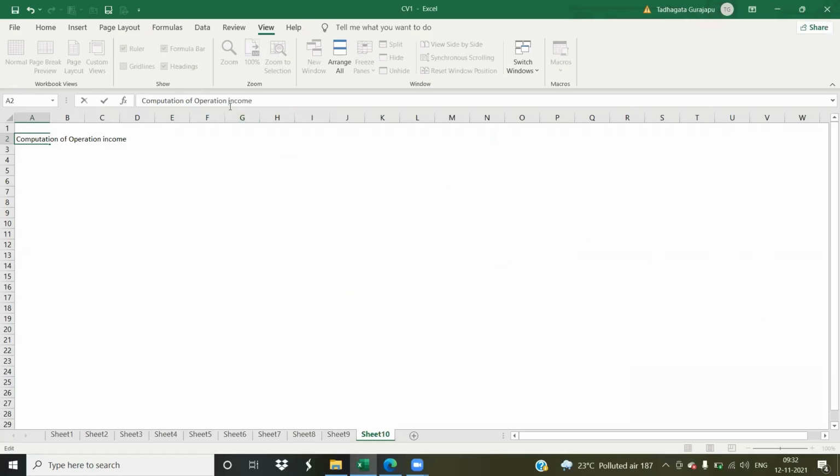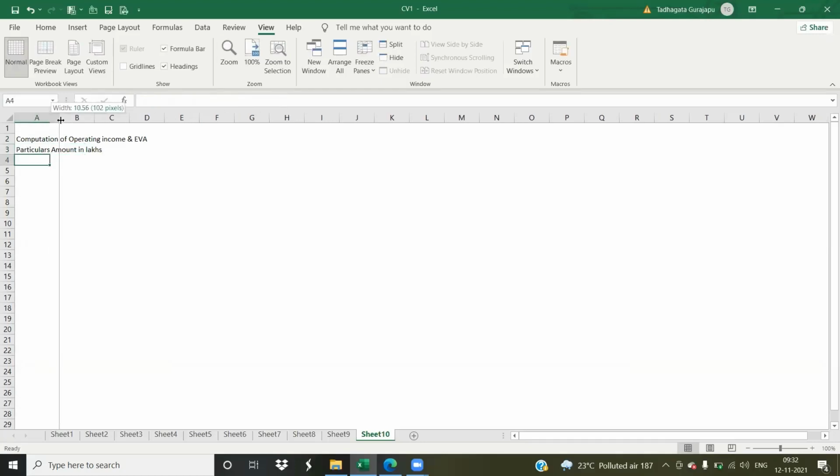Computation of operating income. Particulars. So what is given?